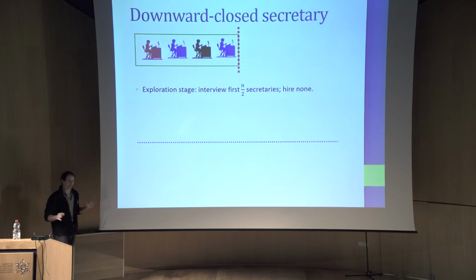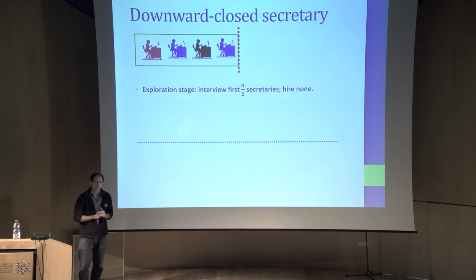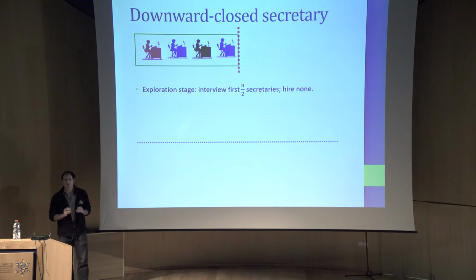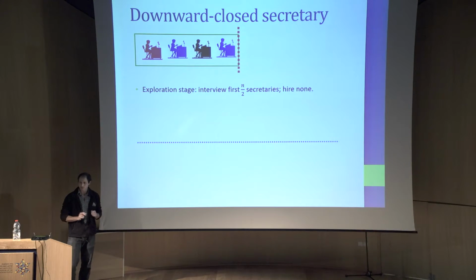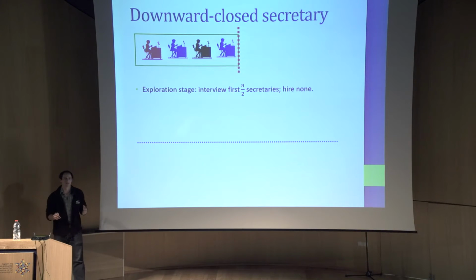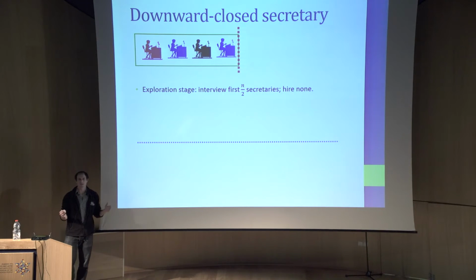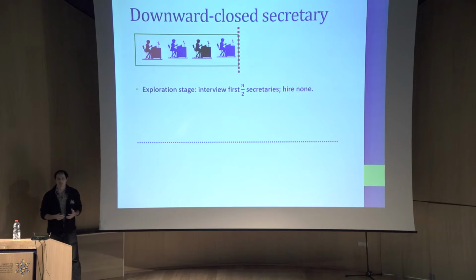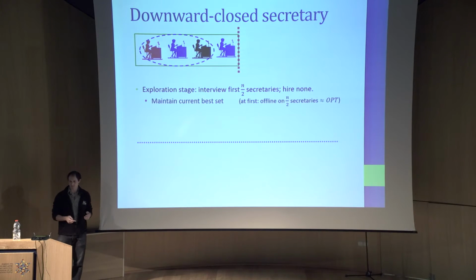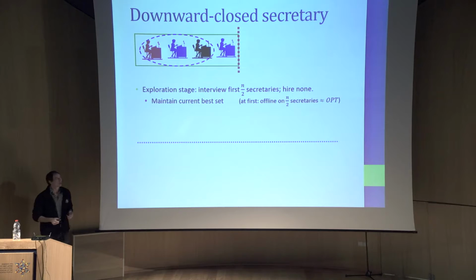So the first step in most of these secretary problems is an exploration stage. We interview the first half of the secretaries, but you don't hire any of them. You just want to learn what the population looks like. So you can pick this best feasible set.